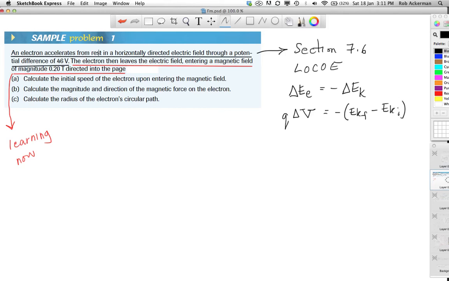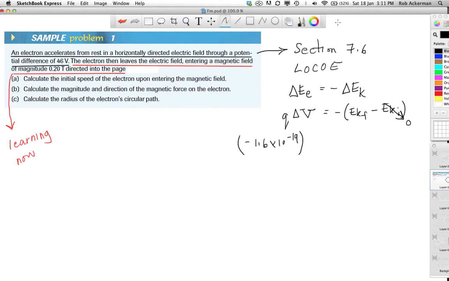It says the electron accelerates from rest, so I know that's going to be 0 there. And what else do I know? The charge of an electron is negative 1.6 times 10 to the negative 19 coulombs. And when an electron is accelerated, it's because it is going toward the positive plates.